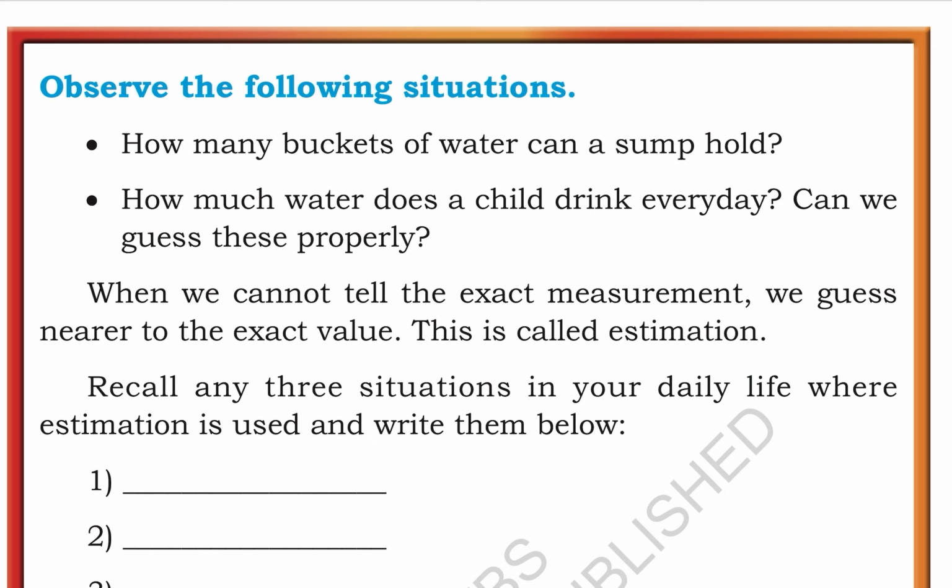If a child drinks milk every day, we cannot keep on measuring how many ml of milk the child is consuming. Whenever he is hungry, he will come and drink some milk in the morning, in the afternoon, in the evening, in the night. Then we cannot keep on measuring. We just estimate maybe 800 ml or maybe 1 liter or 1.5 liter the child has consumed.